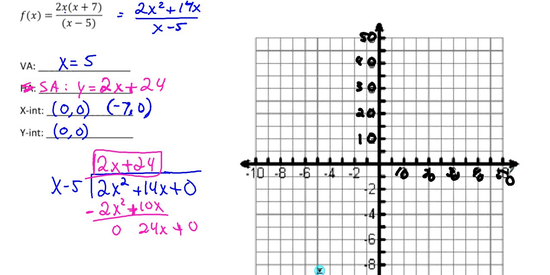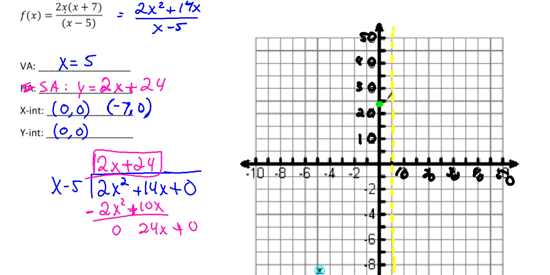Okay, so here we go. So our vertical asymptote is at 5, which is going to be right here, because each one of these dots is 5. And then our slant asymptote has a y-intercept of 24, which is right here, and then a slope of 2.